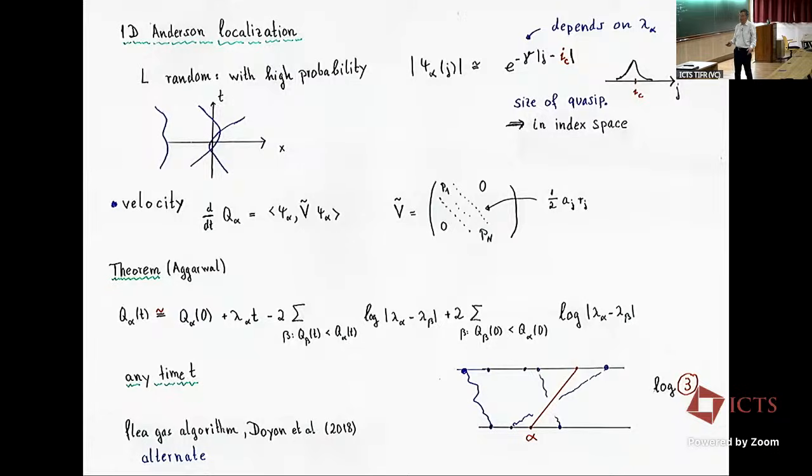I'm really out of time, I think. I would like to say a little bit more, but I want to point out that it's really what people know in condensed matter physics, the one-dimensional Anderson localization. You see the eigenvectors, they look really like this one up here.